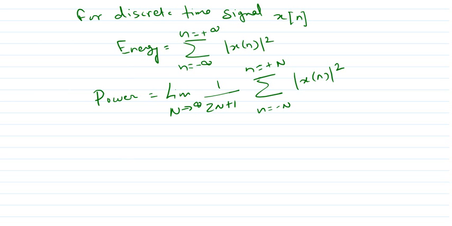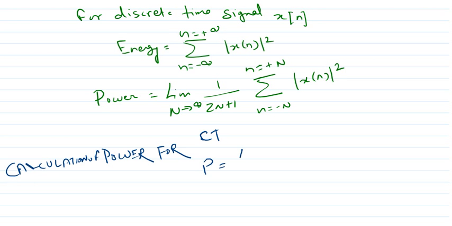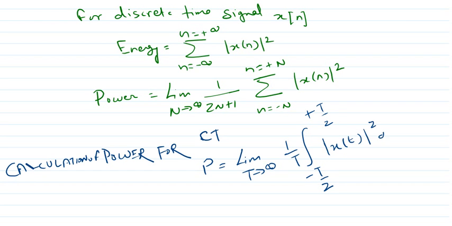I forgot to tell you the formula for power for the continuous time case. So what is the formula? Power equals limit T tends to infinity of 1 divided by T, integral from minus T by 2 to plus T by 2 of modulus of x(t) whole squared dt.